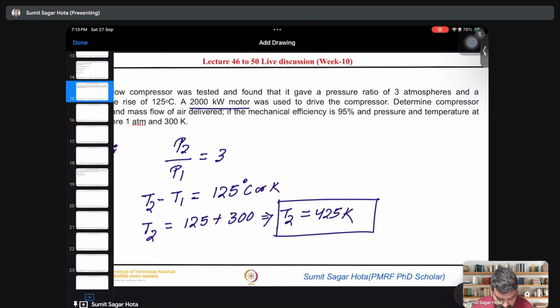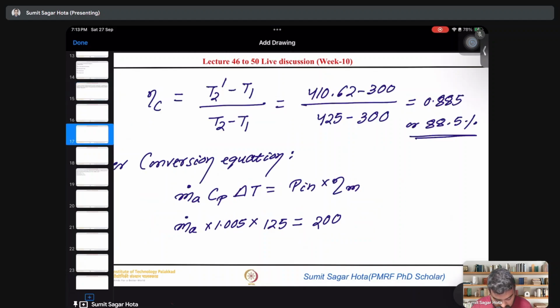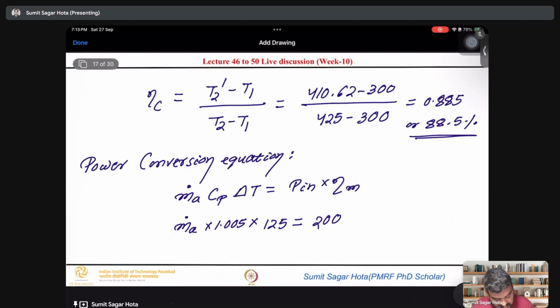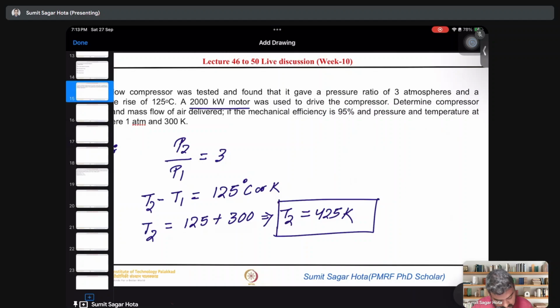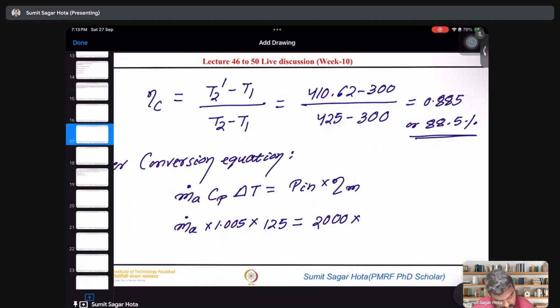Sorry, not pressure, power. 200 kilowatt power is there into mechanical efficiency, which is also given in the question, 95%. So if you solve, you will find m dot a as 10.124 kg per second.